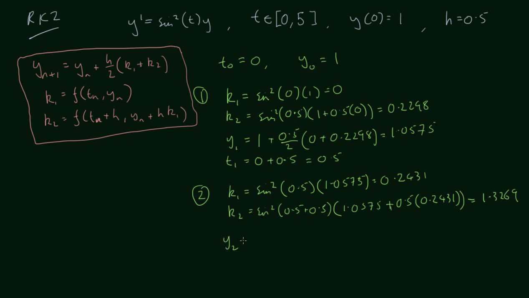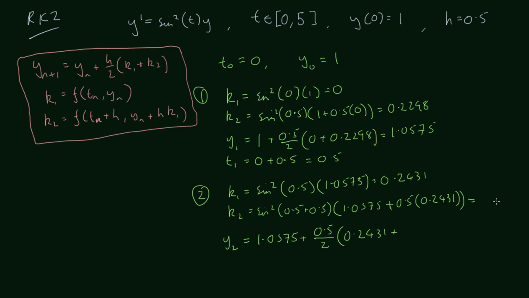Again, we can now calculate y2. So y2 is going to be equal to y1, which was 1.0575, plus our h, which is 0.5, over 2, multiplied by the sum of k1 plus k2. Just realised I've made a mistake here, I've copied down the wrong value for k2.